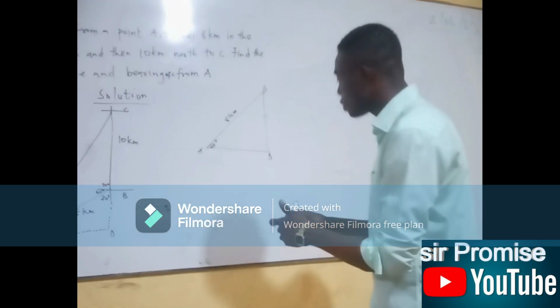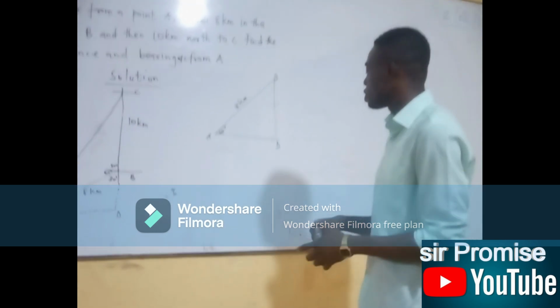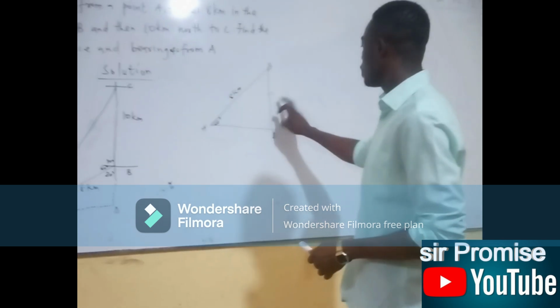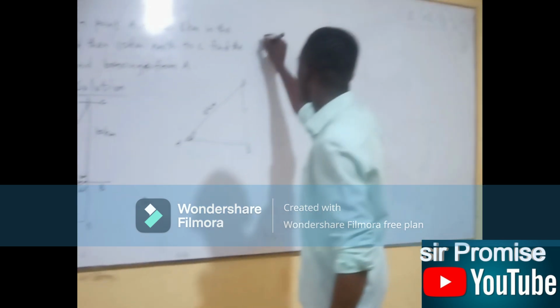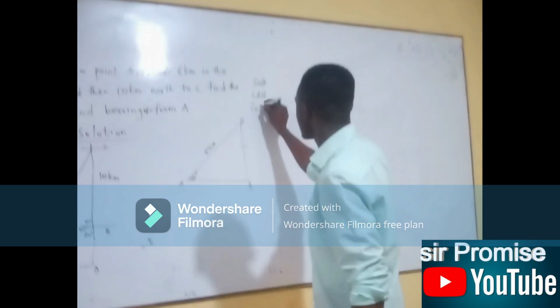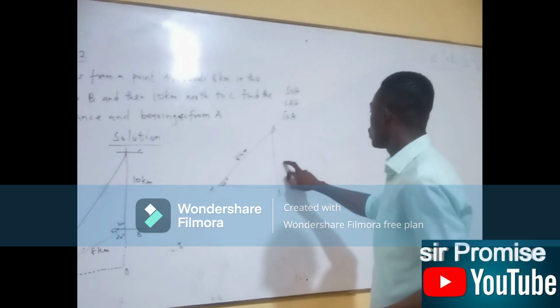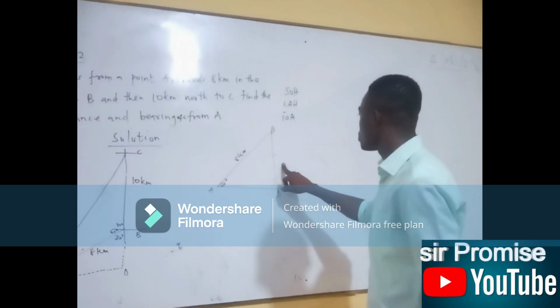Okay, now we can find here. So what trigonometrical ratio are you going to use? Once we have the hypotenuse, how do we find the opposite? We have the hypotenuse and the opposite that we are going to find.